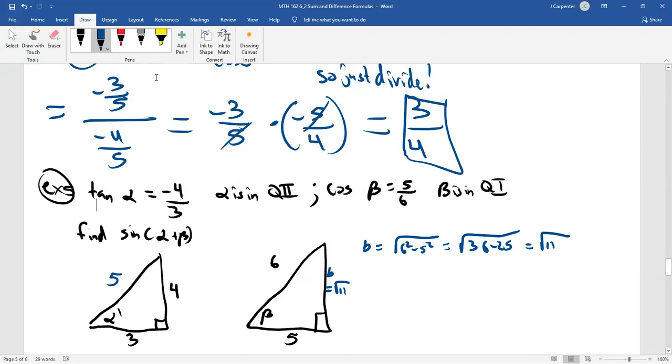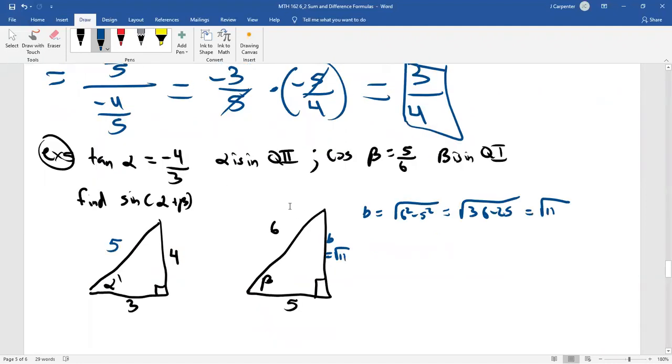All right, with those two reference triangles, we are good to go, except I do want to mention, again, alpha being in quadrant 2 means that some of your trig functions are going to be negative.